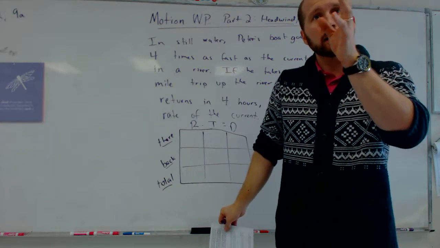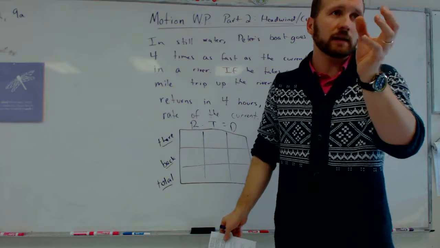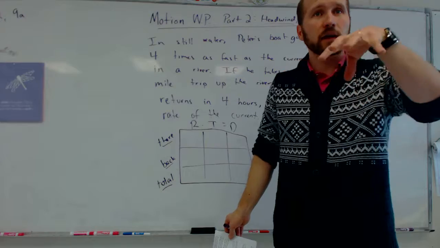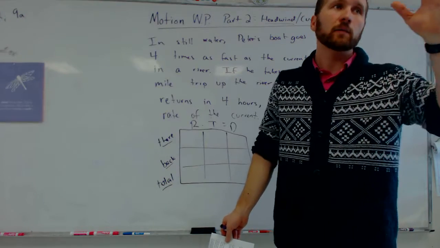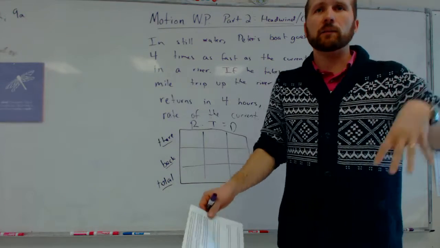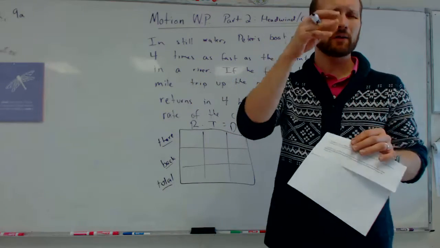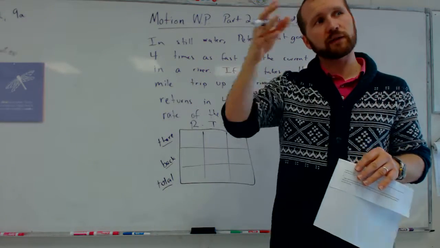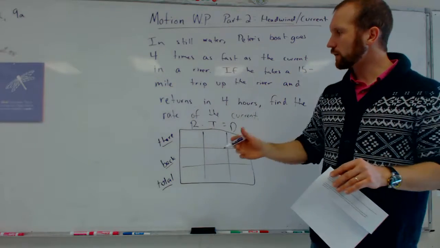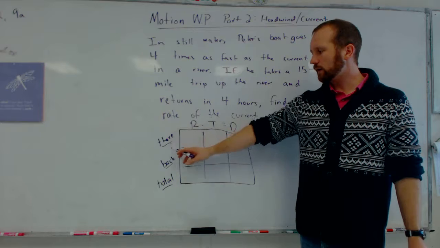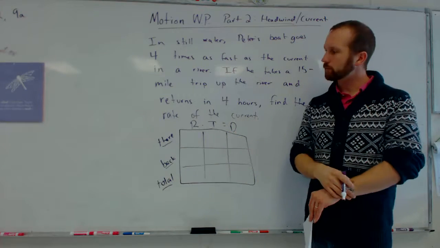So it'll take longer, like let's say it takes longer to go from Chicago to New York. But in the other direction it will have a tailwind pushing the plane. So even though the plane can go like 600 miles an hour, that headwind and tailwind will make one trip faster than the other trip. So in our chart, we're generally going to think of the trips as going there and coming back.